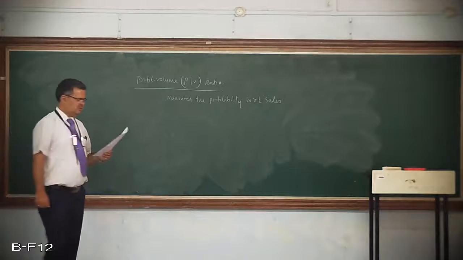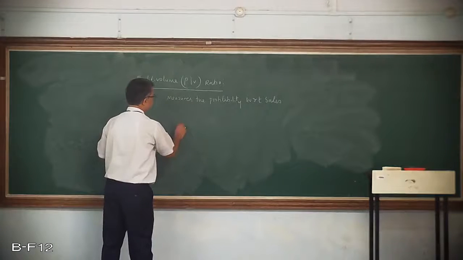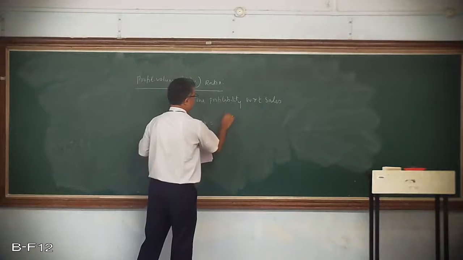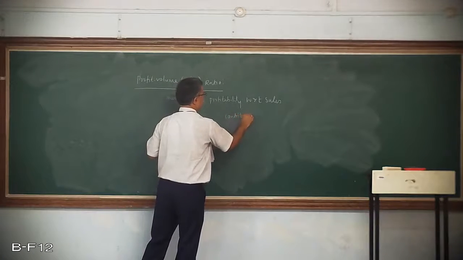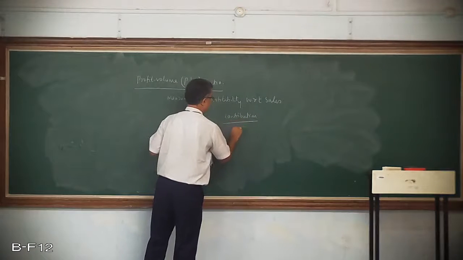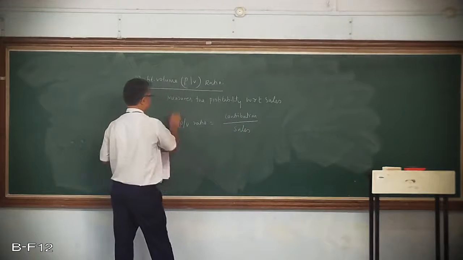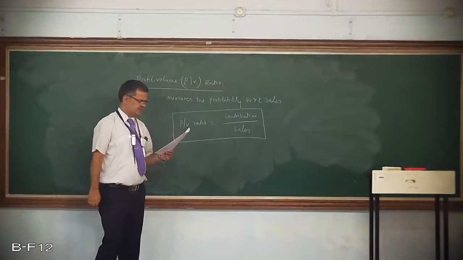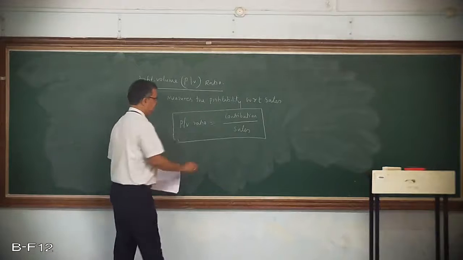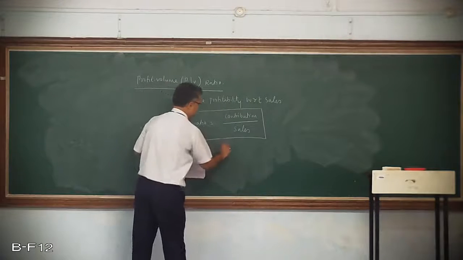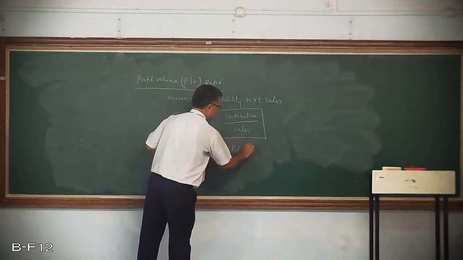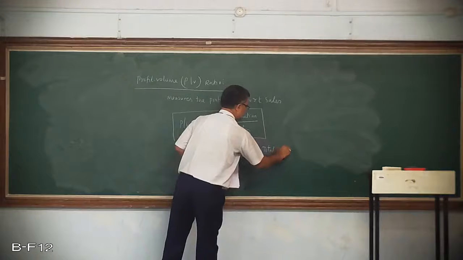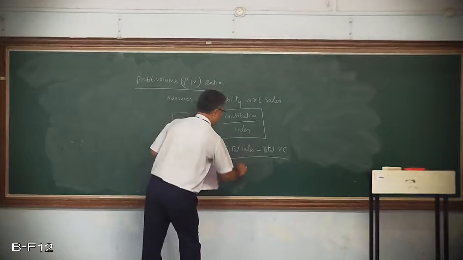It's a ratio of contribution to sales. So PV ratio is equal to the ratio of contribution over sales. The contribution is given by total sales minus total variable cost, divided by total sales.